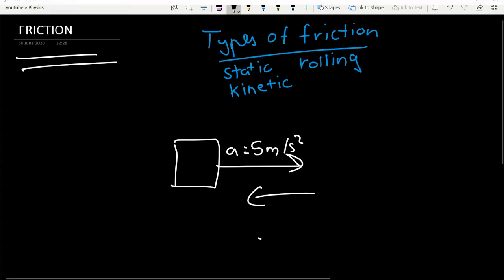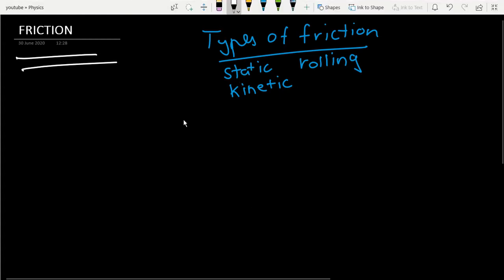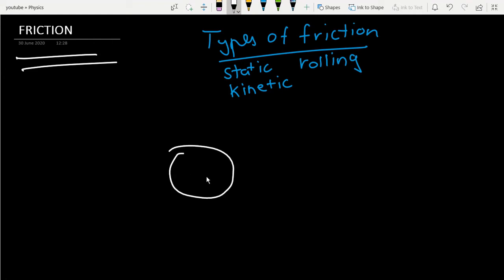Now let's see rolling friction. You might have seen the tires of a car. For example, this is the tire of a car, and this is rolling. You understand? This is not sliding. Kinetic friction is also known as sliding friction. Rolling friction is when a body rolls over the surface.